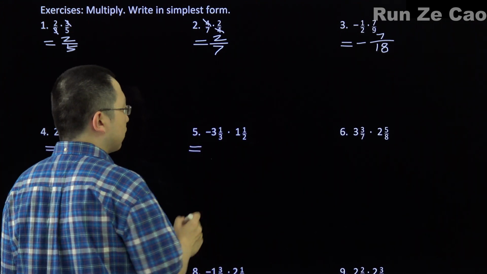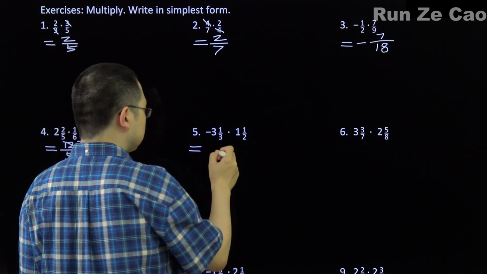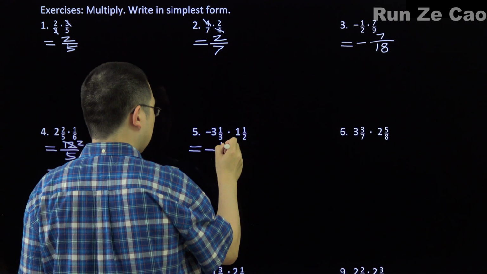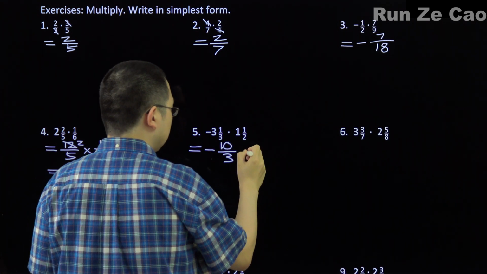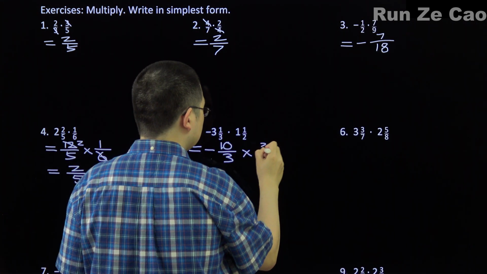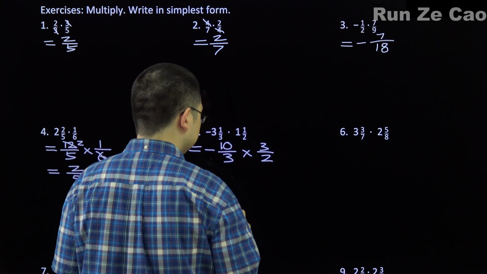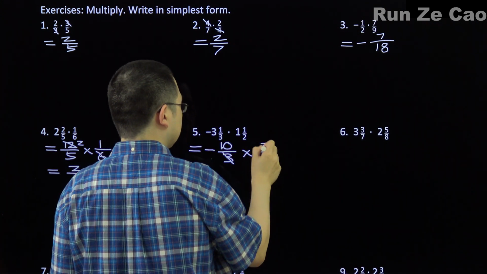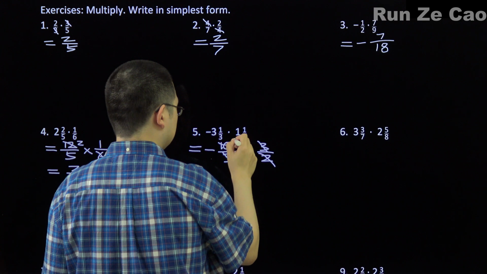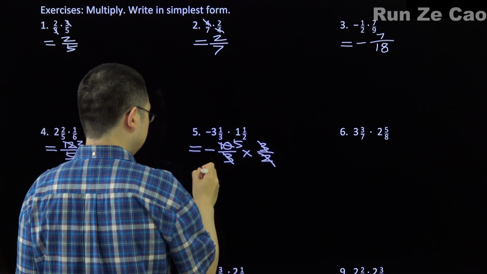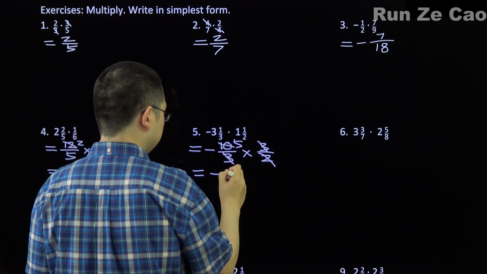So, negative 3 and 1/3, well, that's negative 10 over 3 times 3 over 2. So the 3's cancel, and then the 2 cancels with the 10 to give us a 5, so negative 5.